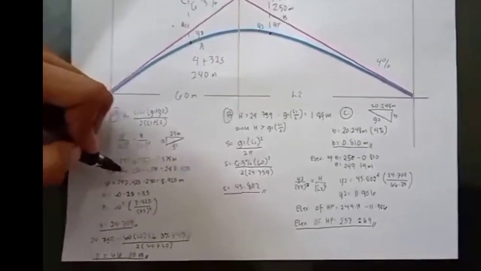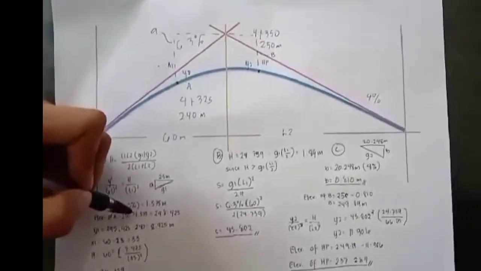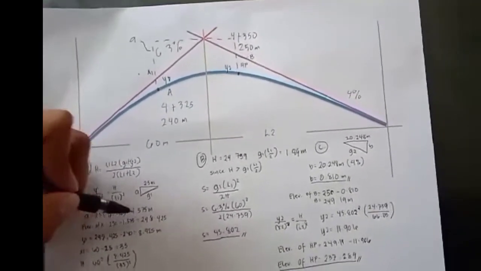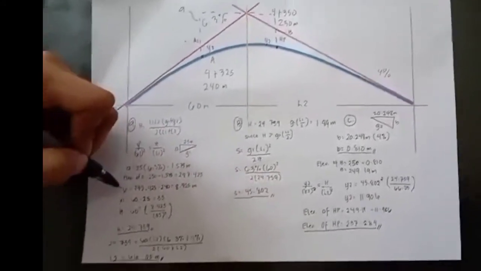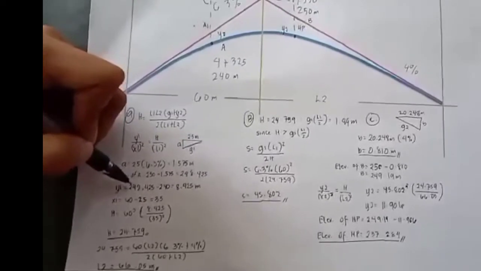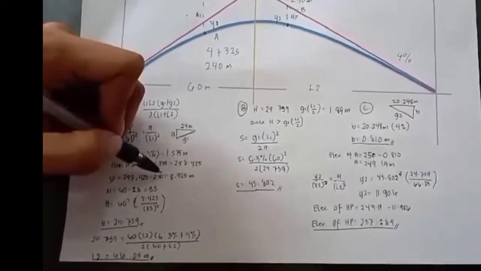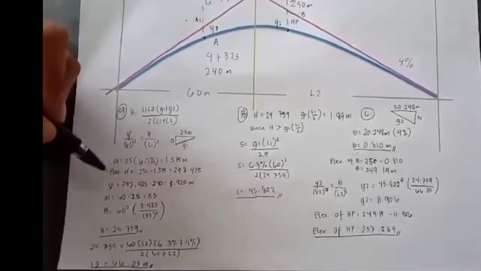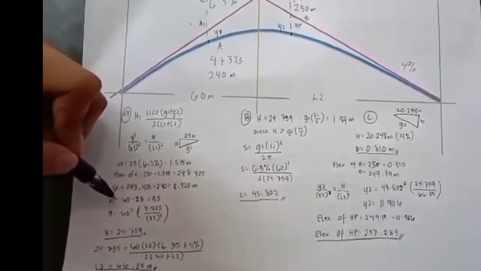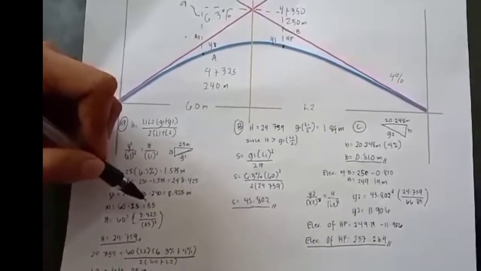So elevation of A is equal to 250 minus 1.575, which is 248.425. So Y1 is equal to 248.425 minus 240, which is 8.425 meter. Then X1 is equal to 60 minus 25, then equal to 35.